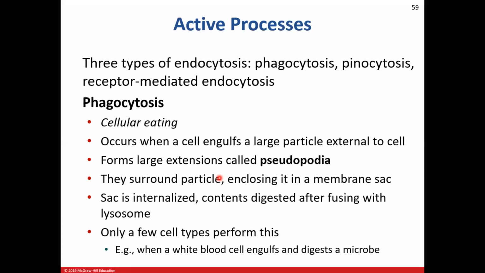Now, only a handful of different types of cells will perform this type of process, but one of the major ones is going to be a white blood cell. A white blood cell can go in, it's going to engulf some sort of invader, typically a microbe of some sort. It pulls it in and it's able to digest it and break it down with the use of a lysosome.